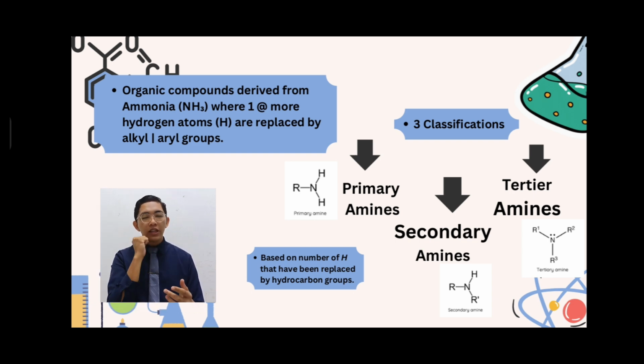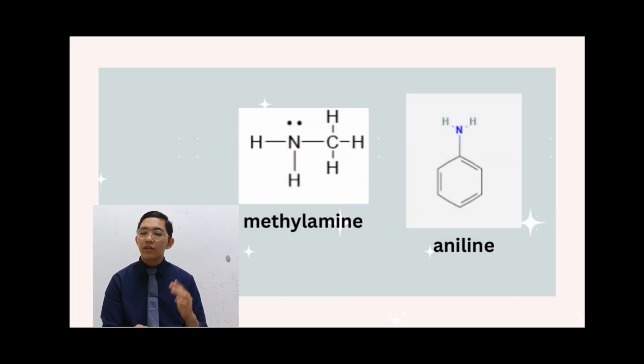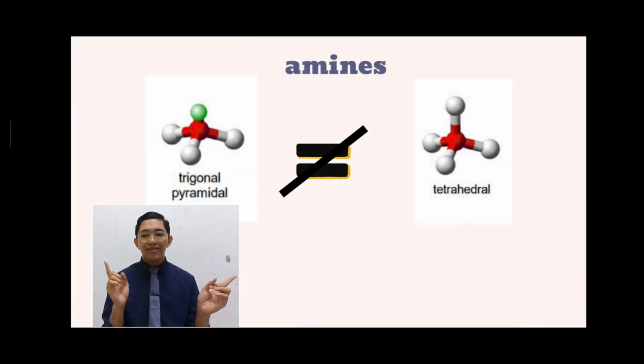These classifications are based on the number of hydrogens being replaced by hydrocarbon groups, for example, methylamine and adenine.